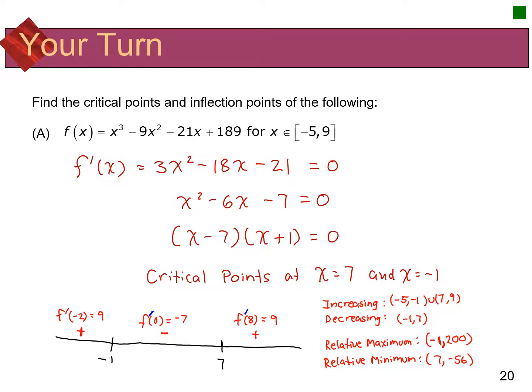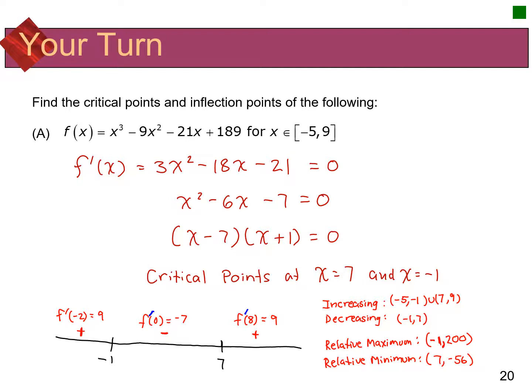So I know several things here. I know that this graph is increasing from -5 to -1, and then again from 7 to 9. And again, I'm ending there because that's where the endpoints are. It's decreasing between -1 and 7. So since I do have a change from increasing to decreasing at -1, I know that is a relative maximum at -1. So I took -1, plugged it into f of x, not f prime of x, f of x.